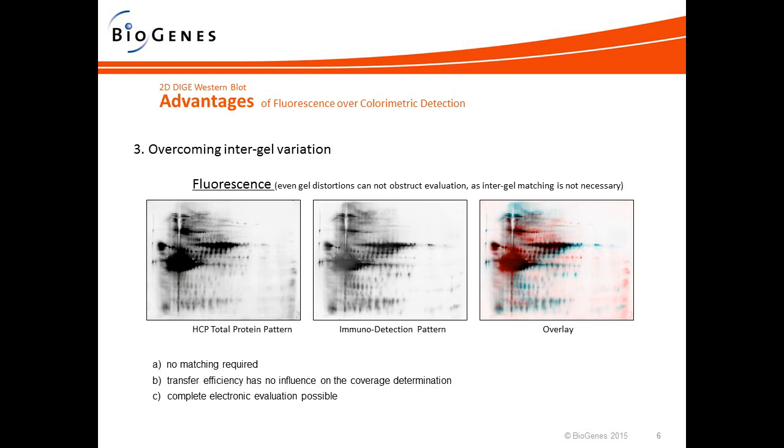The first step of the new fluorescent procedure is labeling the sample with Cyanine DIGE Fluor minimal dye. Then running only one gel with subsequent Western blotting and immunostaining using fluorescent antibodies. This results in a 2D DIGE Western blot, on which the HCPs as well as the antibodies can be detected.